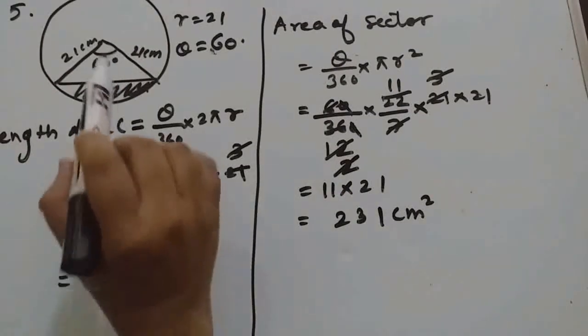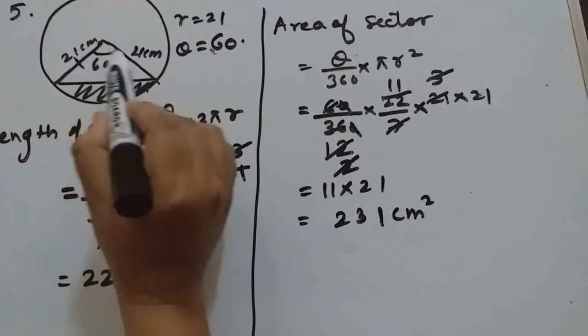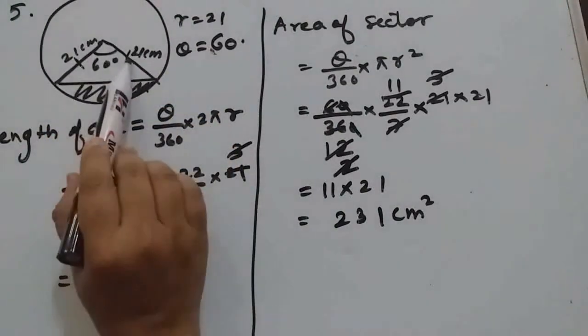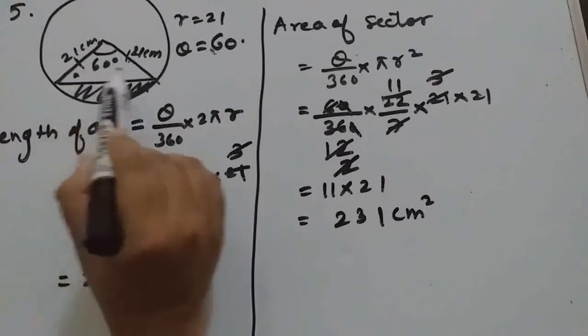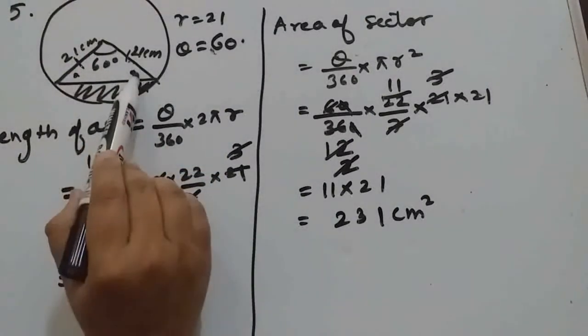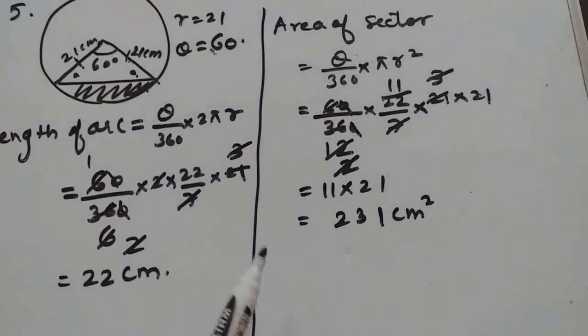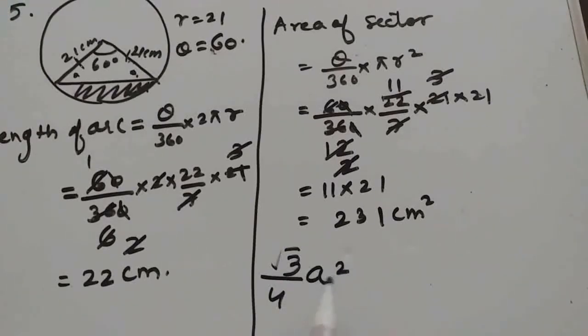Or else, since this angle is 60 and this is isosceles also. See, these two radius are equal. That means these two angle must be equal. Okay, so these two angles surely will come 60 degree. That means it is equilateral triangle. So that formula we can use, √3/4 a square, for area of the equilateral triangle.